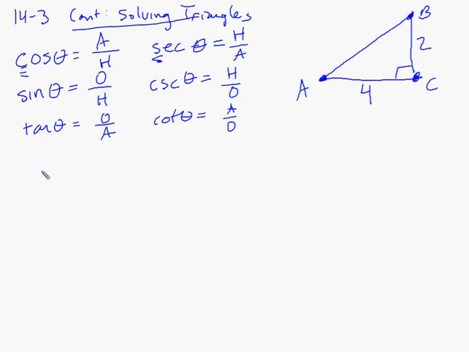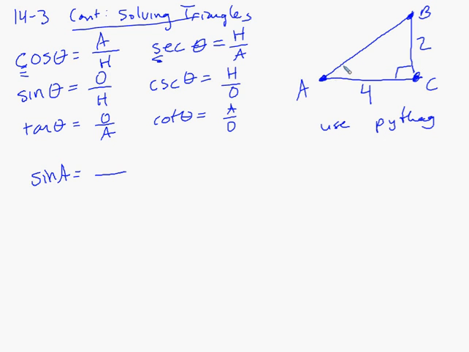And let's say I want to find the sine of A. In order to find the sine of A, what do I need first? So basically, I'm going to have the sides of a triangle, but I won't have all of them. I use Pythag to find the missing side.